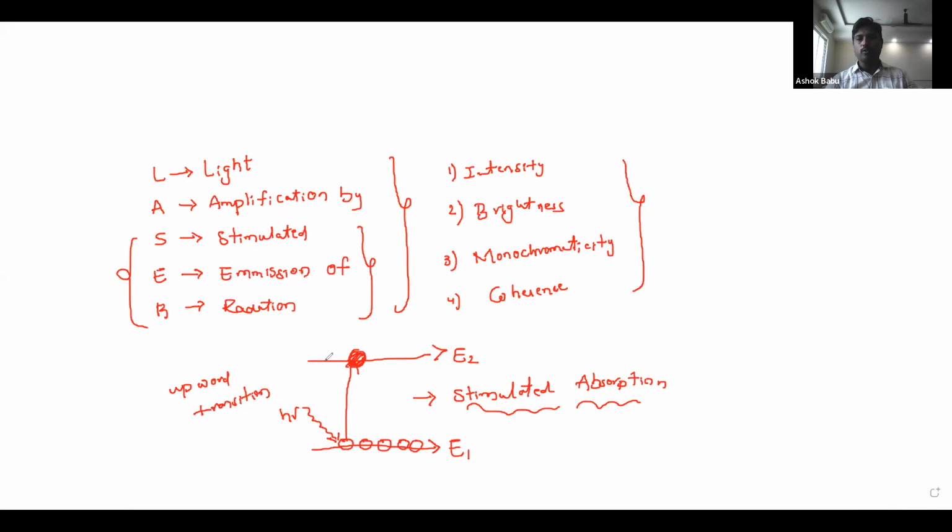Coming to the emission process, the downward transitions are called emission processes. Two types of emission processes we are going to observe: one is spontaneous emission, another is stimulated emission.